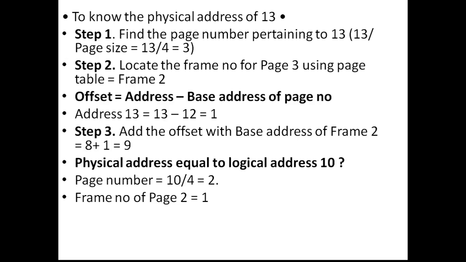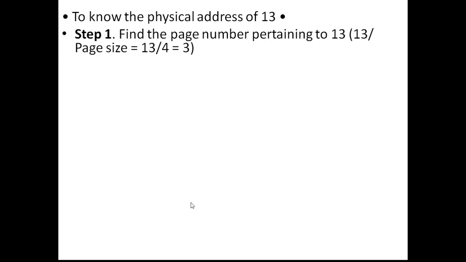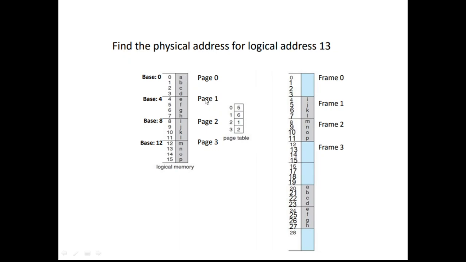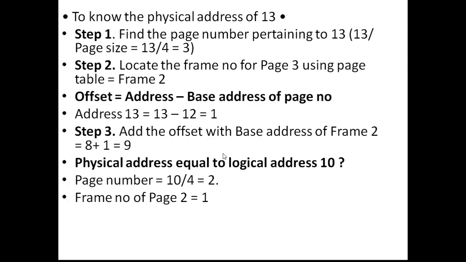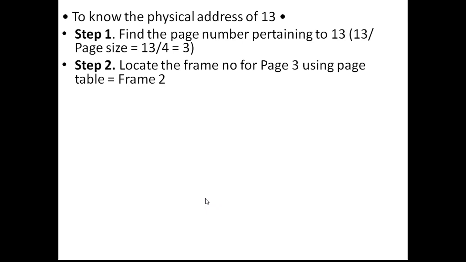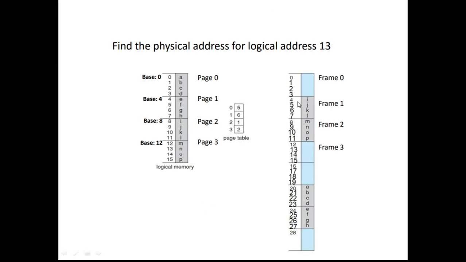Next we have to calculate the offset. So offset is 10 minus 8. 10 is the given value, and 8 is the base address of page 2. So page 2 starting address is 8, and that is what is subtracted. So 10 minus 8 is 2, and 2 has to be added to the base address of frame 1, which is 4.